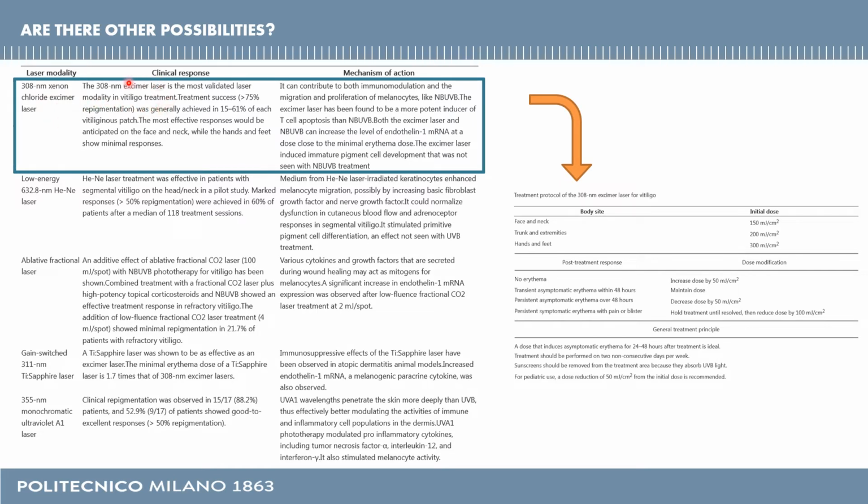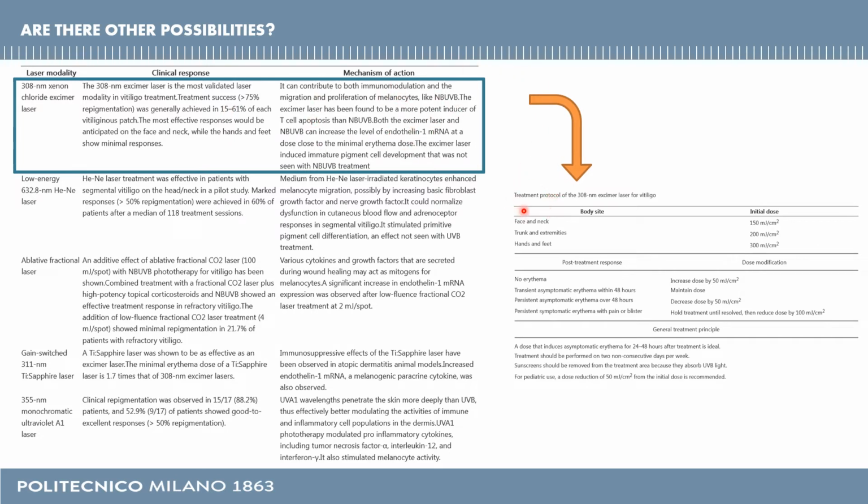We are talking about an excimer laser that is the most validated laser modality in vitiligo treatment, because the rate of success has been demonstrated to be quite high, with 75% repigmentation rate. And here we have the summary of the mechanism of action.